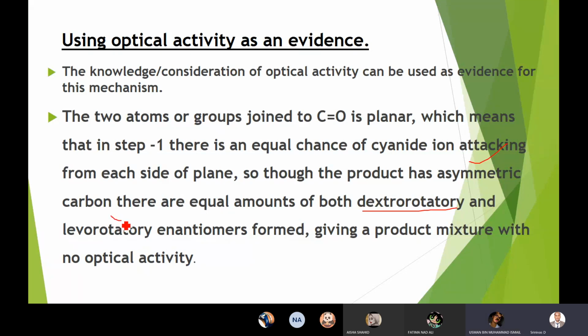As both of them are enantiomers, they rotate the light to the same extent but by opposite angles. So the optical activity of both is cancelled by each other, and the compound does not have any optical activity. Am I clear? Yes, sir. This is how we need to understand the evidence for this mechanism.